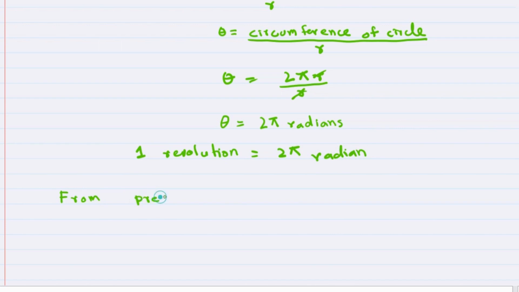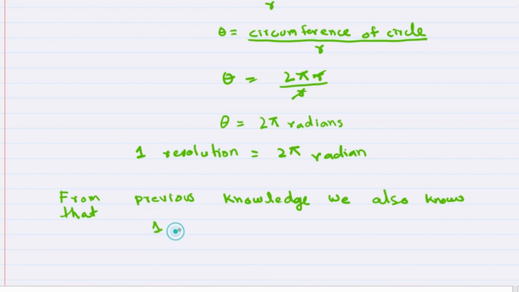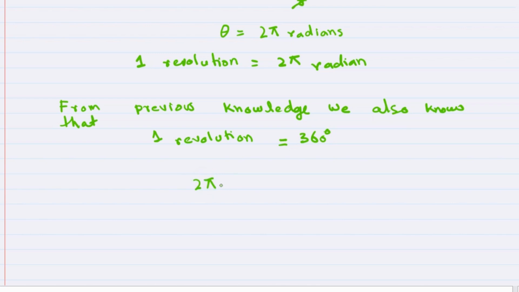From previous knowledge, we also know that 1 revolution is equal to 360 degrees. From this relation, we can write that 2 pi radians is equal to 360 degrees.